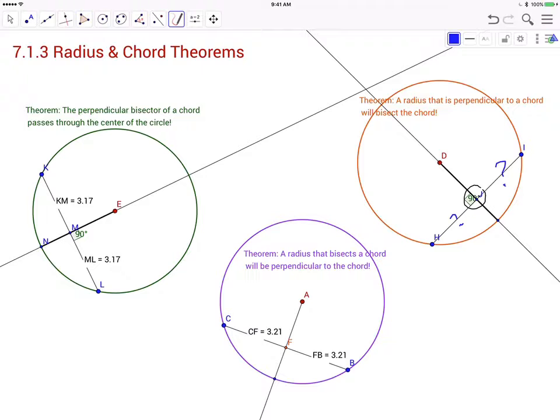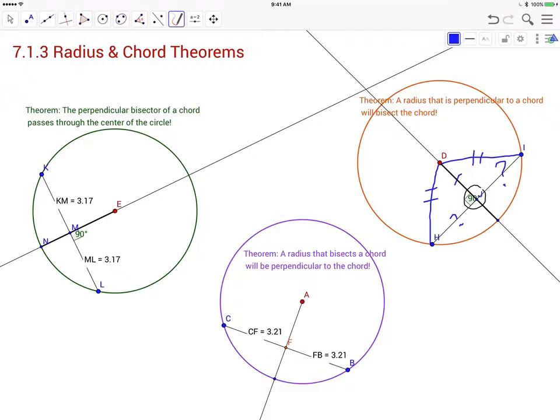Well, you can imagine that right away, like all circles, we've got radii. There's one right here and one right here. They are equal to each other by definition of the circle. And we also have the famous reflexive property, so DJ equals DJ.